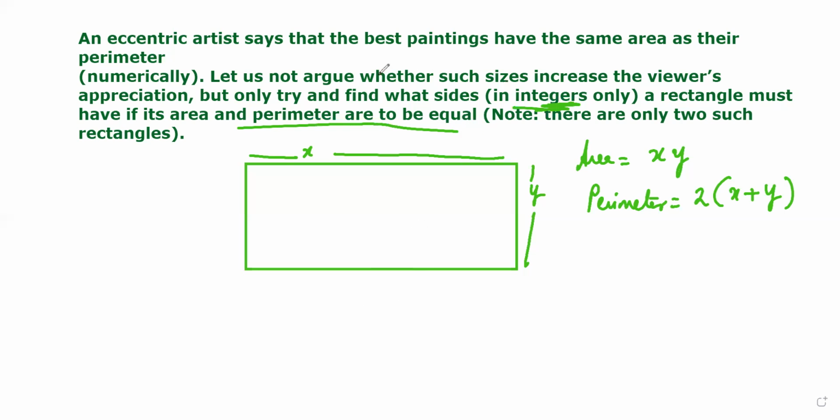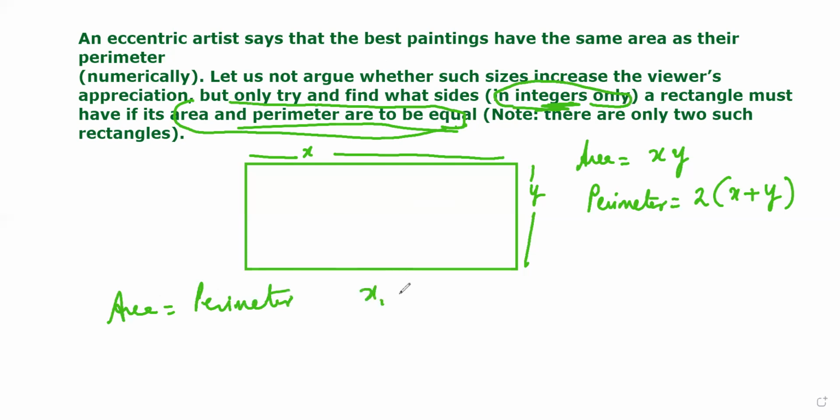So the constraint is this: the area and the perimeter have to be equal. And the sides, x and y that I have represented here, have to be only integers. So put your constraints together: area is equal to perimeter, and x, y belong to the set of integers.